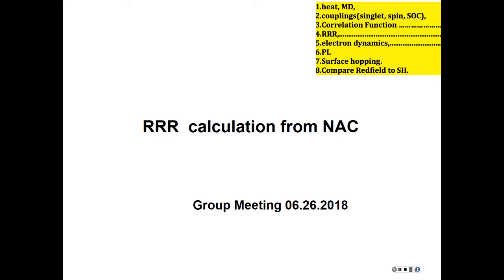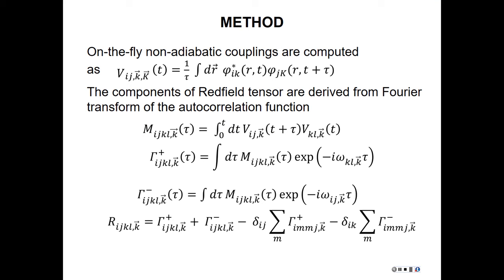Okay, good. So I'm going to talk about how to convert non-adiabatic coupling files to Redfield tensor. This is the theoretical method. The on-the-fly non-adiabatic couplings are computed using this equation.